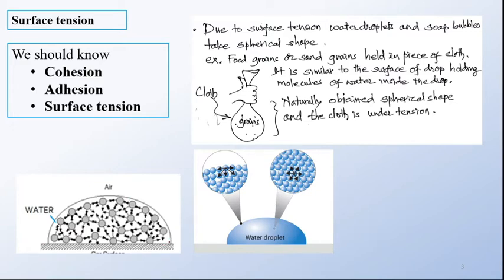So that particular property of liquids to contain other molecules inside them with one layer of molecules on the surface which is under tension, this force is known as surface tension force. Due to surface tension, water droplets and soap bubbles are spherical in shape.